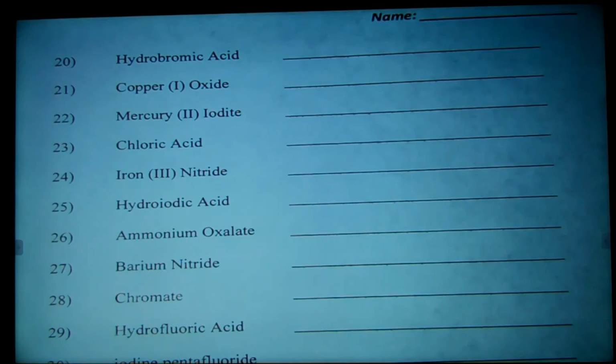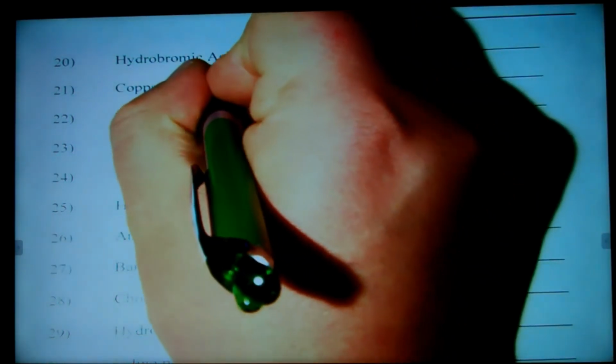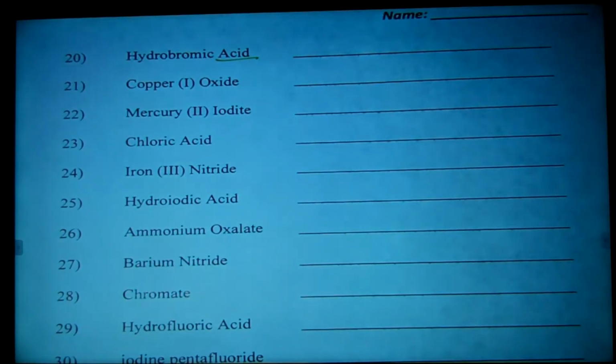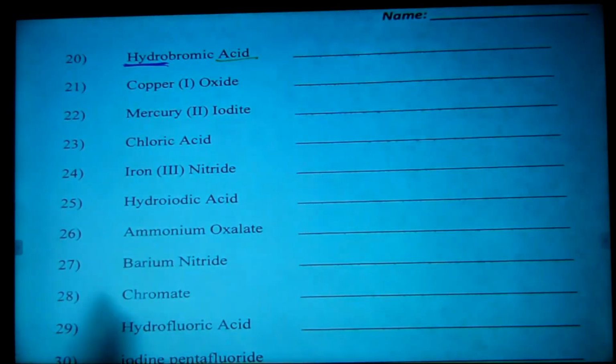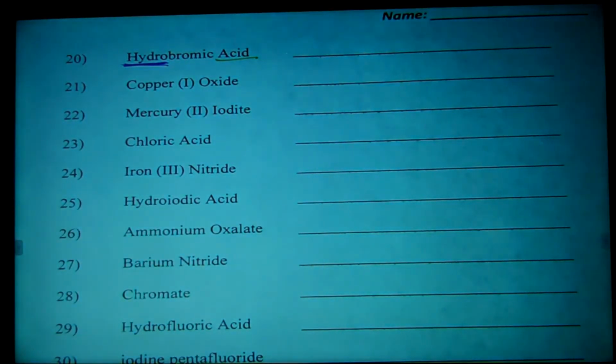Here are the keys that we're looking at. The first thing you see is acid. Whenever you're dealing with the name, go to the beginning. Look and see if it has a prefix. In this case, and I'm doing this in purple because it's important, hydro. That prefix hydro is only used with binary acids.